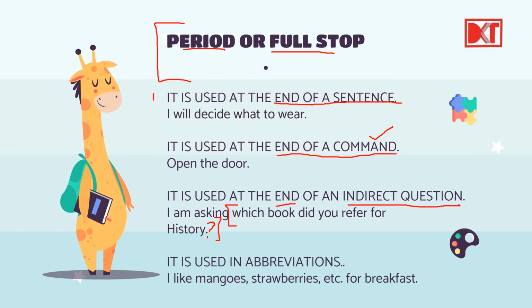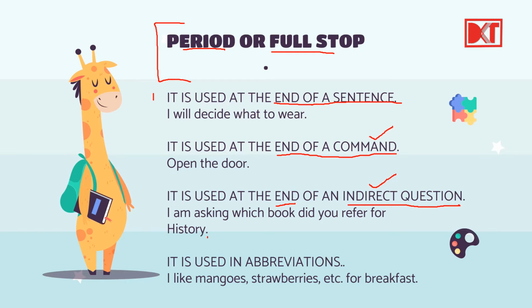But in case of an indirect question, this is not a direct question, it is an indirect question where you say, I am asking which book you referred for history. So this is an indirect question. Although it is a question, it does not really have a question mark because it is not a direct question. It is being asked in an indirect manner. So you use a full stop in this case.